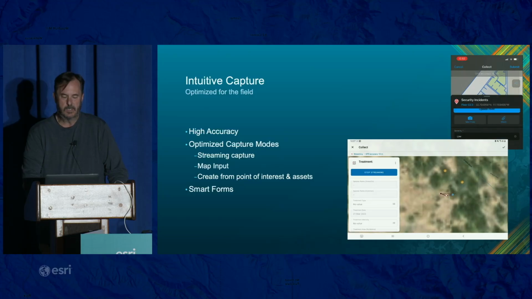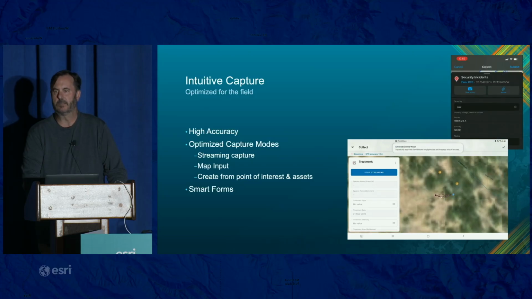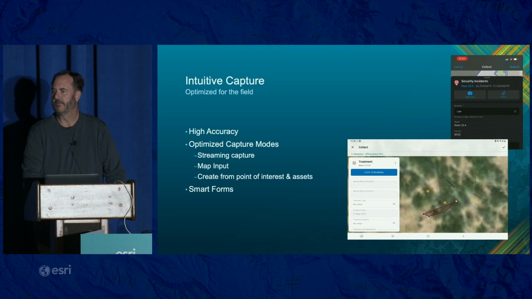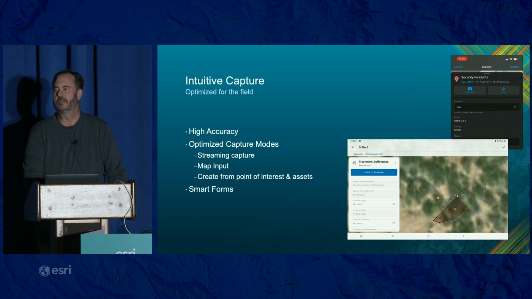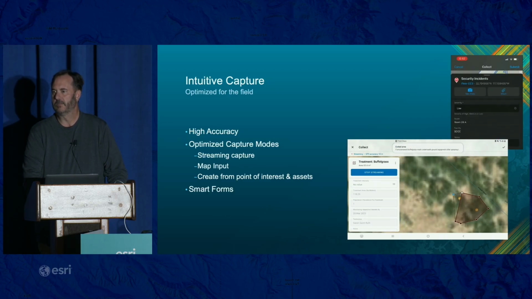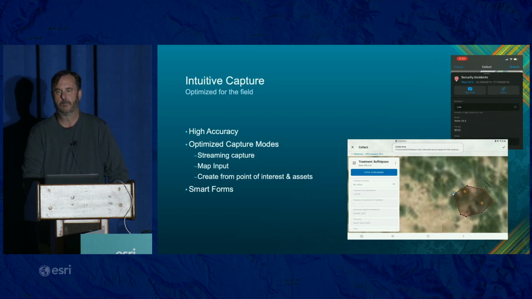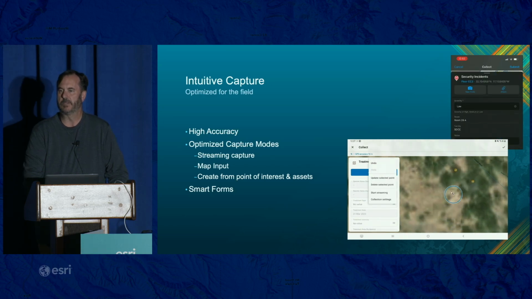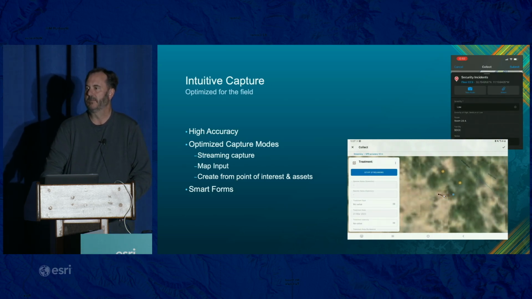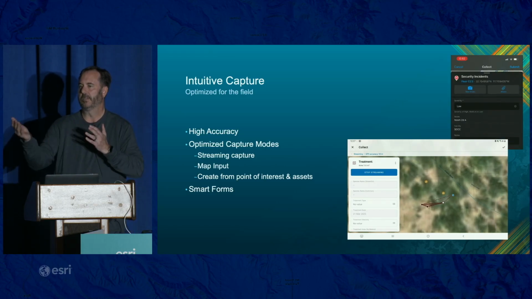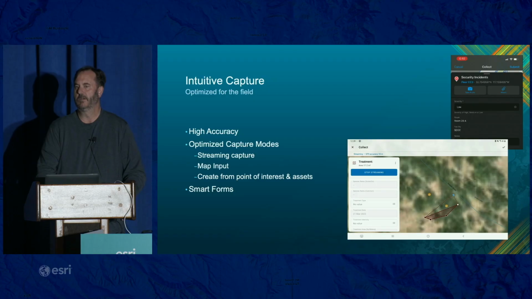When it comes to data capture, obviously integrating high accuracy GNSS receivers is a core capability of all of our products. And we continue to add more and more receivers and do more and more with the capability. And we've got a model in place where in Field Maps, you can extend the data capture capabilities through app linking to partner applications as well.